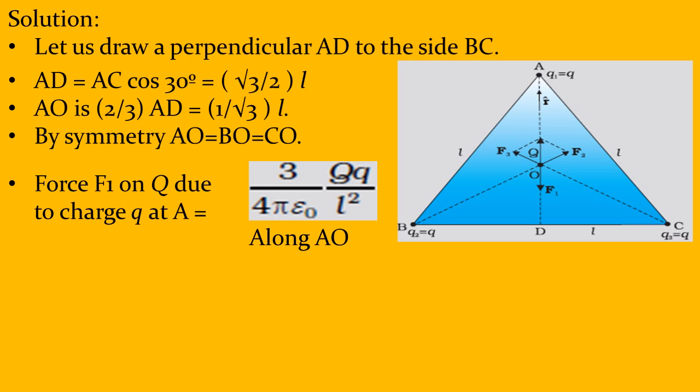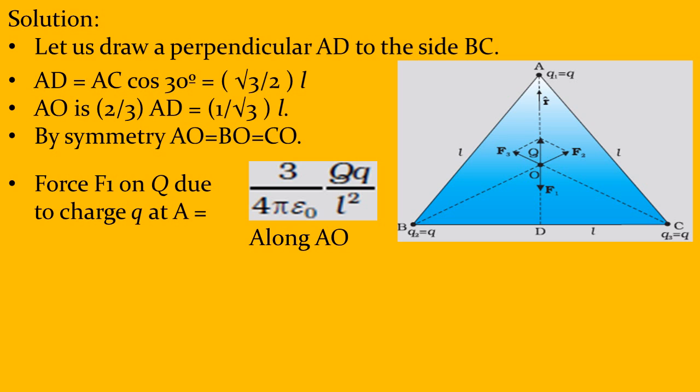What is the distance AO? AO is L by root 3. So if I square L by root 3, it becomes L square by 3. So the 3 in the denominator of the denominator goes to the top. So this is the magnitude of the force on Q due to the charge at A.